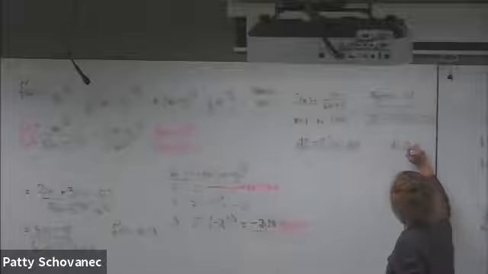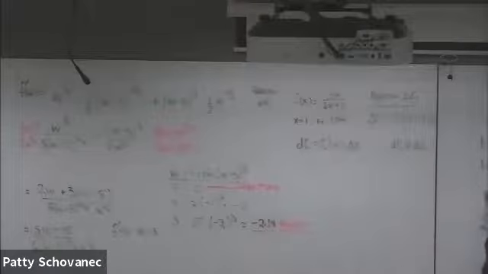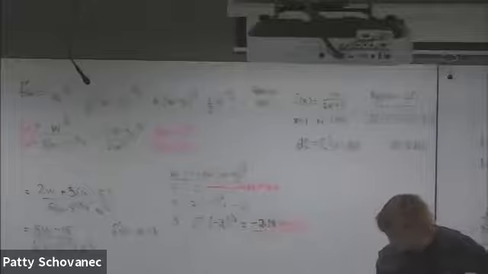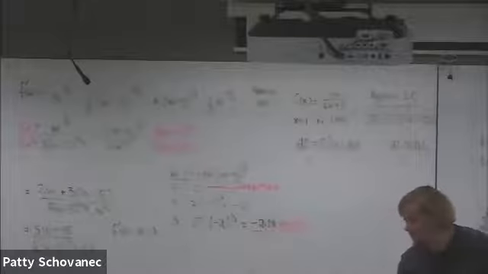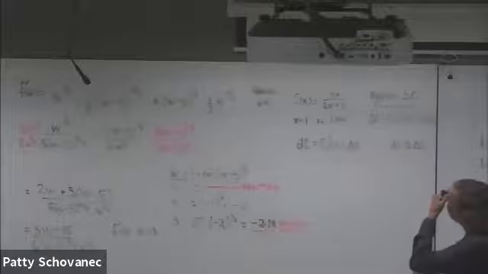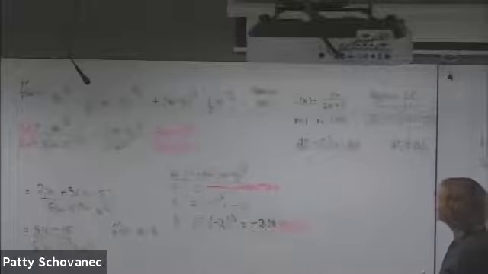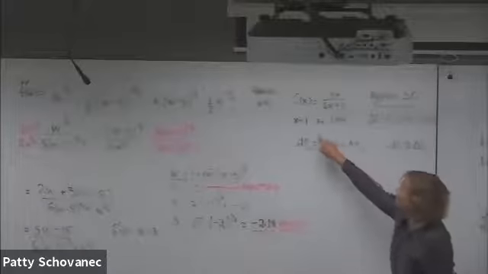DC is going to be our approximating value. So we need to take the derivative of this and then evaluate it at the nice number.